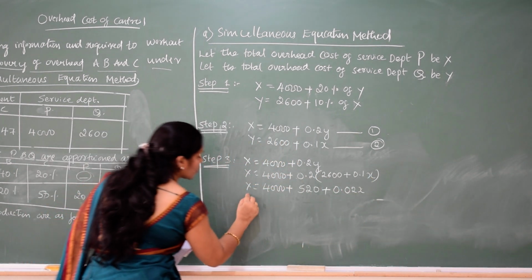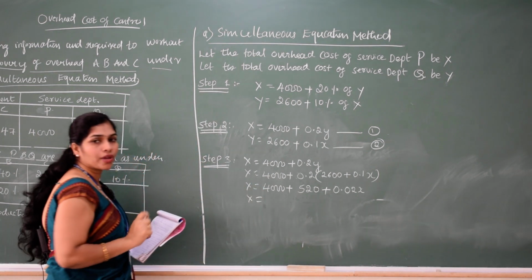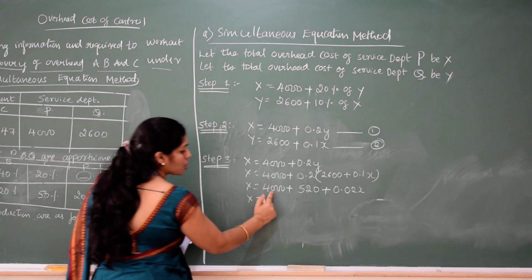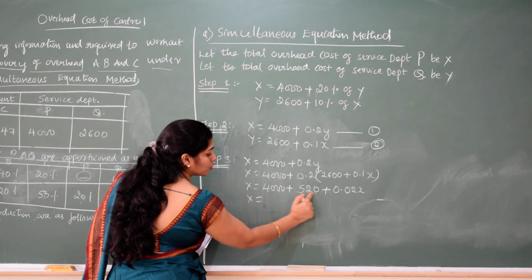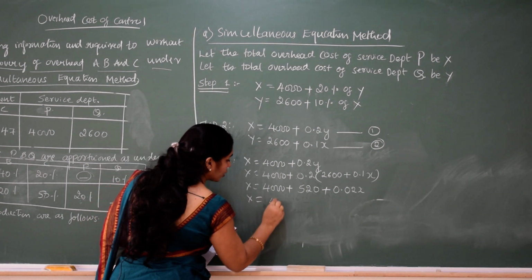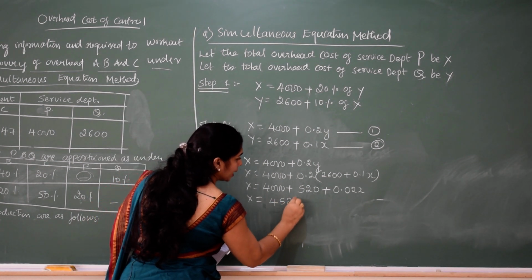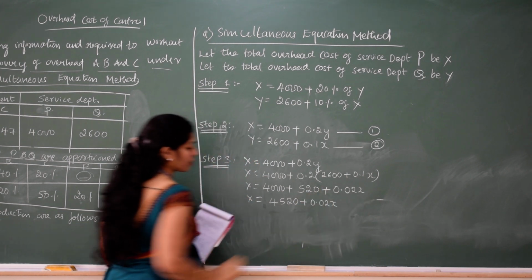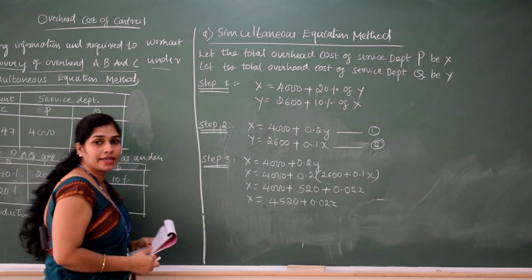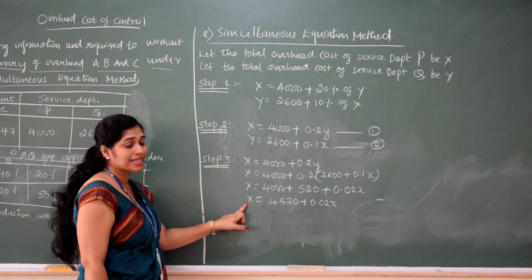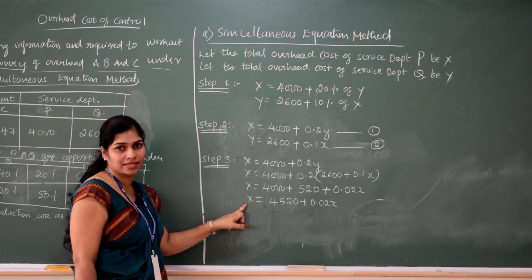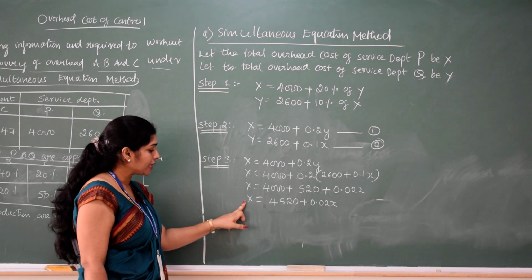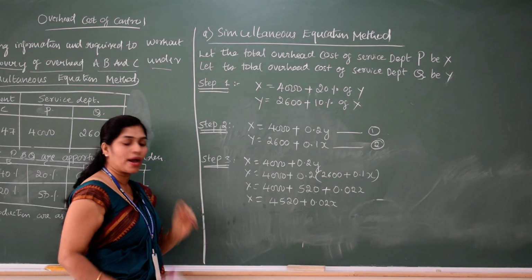Then X is equal to, now you add 4000 plus 520. It comes to 4520 plus 0.02X. So dear students, here X means 1X. Is it clear? There is nothing written, so you have to consider it as 1X.